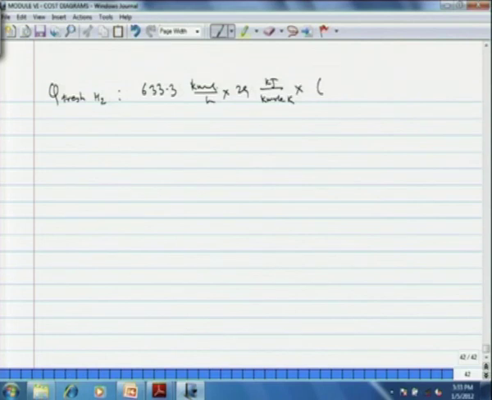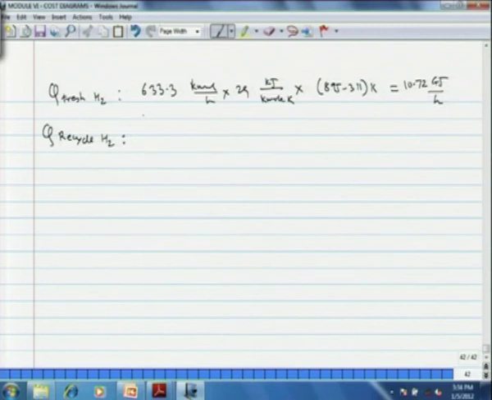The fresh hydrogen is heated from 311 Kelvin to 895 Kelvin. So, this together comes out to be 10.72 gigajoule per hour. And now, I will give the other heat duties. You can calculate them yourself.